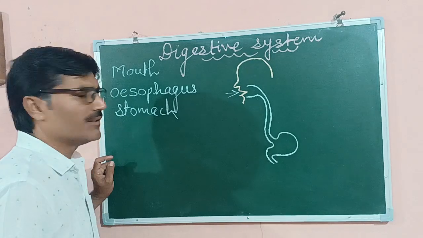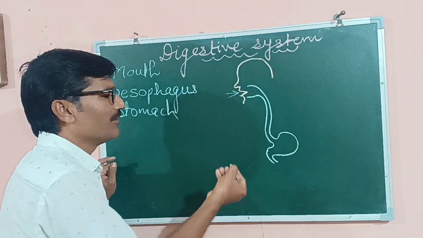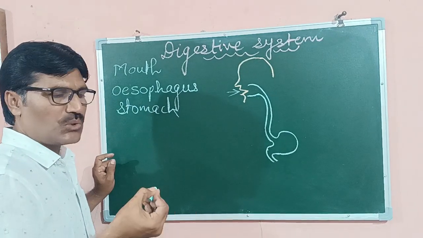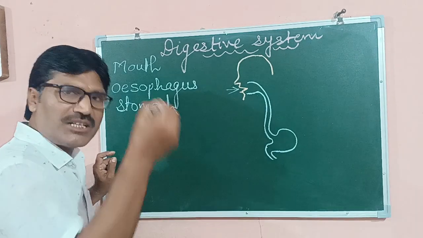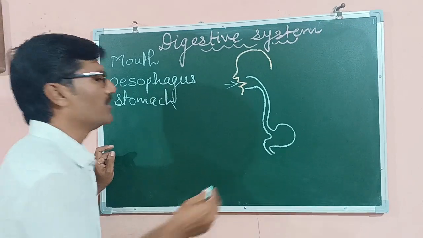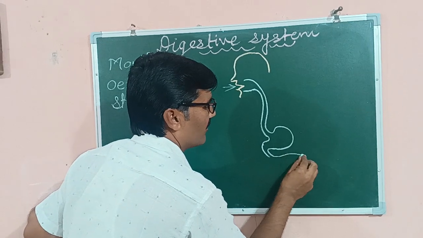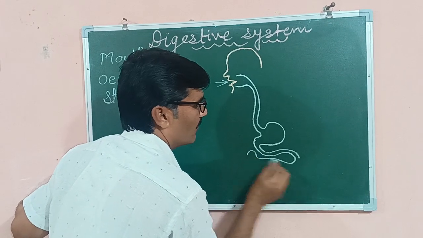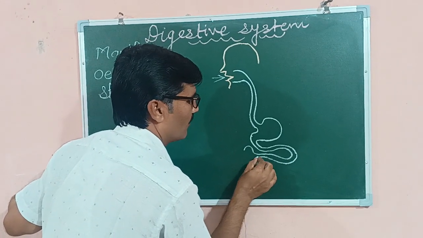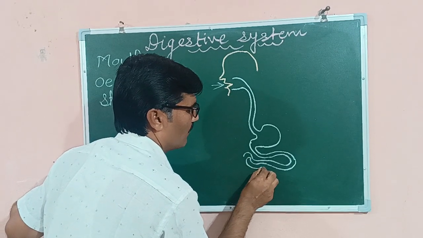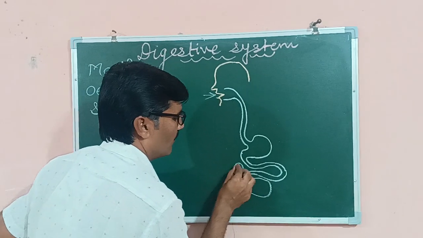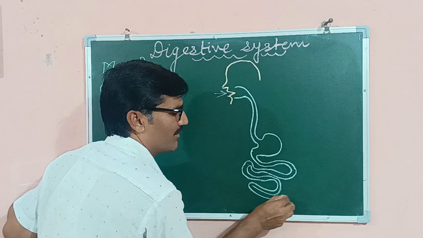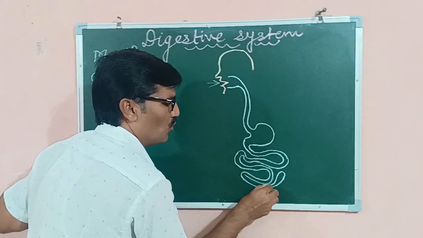And this stomach once again goes and is converted into a tube that is coiled in this way. When you are going to make any diagram, you can make such types of loops.